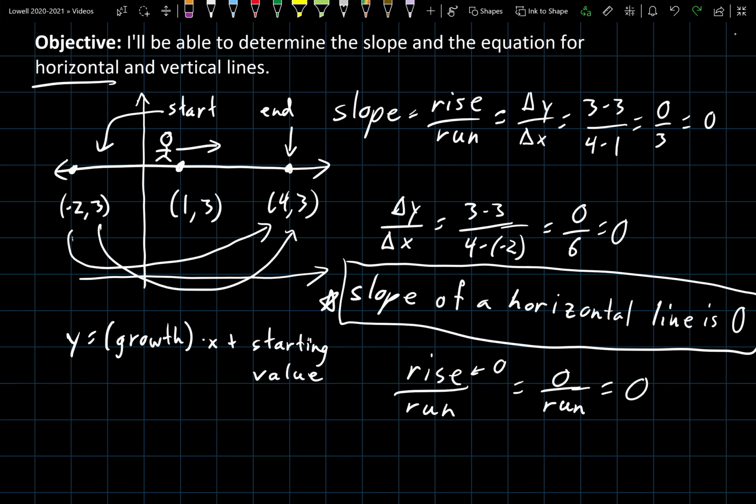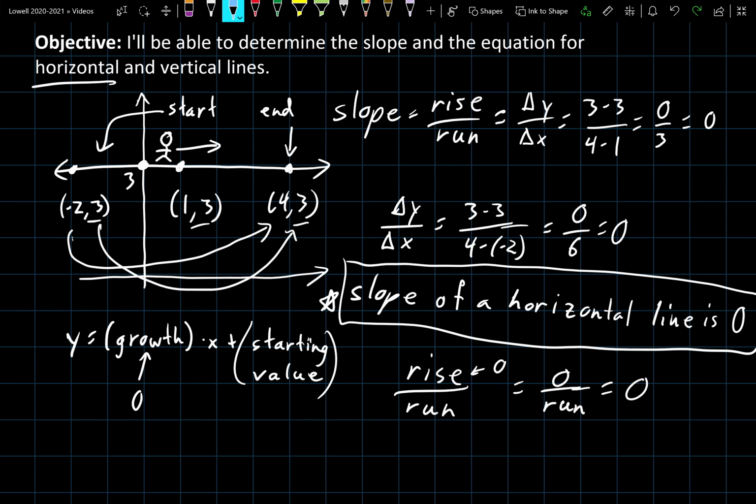In this case, we actually have both of these pieces of information. Our growth rate, if it's horizontal, is 0. And in this particular scenario, our y-intercept, if we keep running across, the y value should still be 3. It's 3 here, it's 3 here, and it's 3 here. So it doesn't change at all.